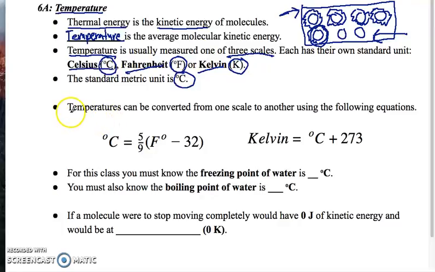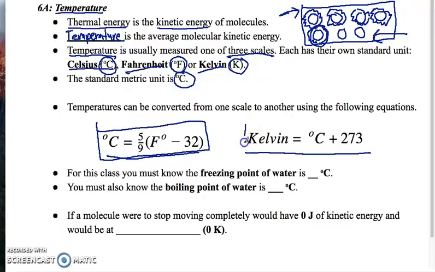The temperatures on the different scales can be converted with two equations. With some combination of them, you can go from one scale to any of the other scales. There's one for getting degrees Celsius to Fahrenheit, and there's another one for getting degrees Celsius to Kelvin.